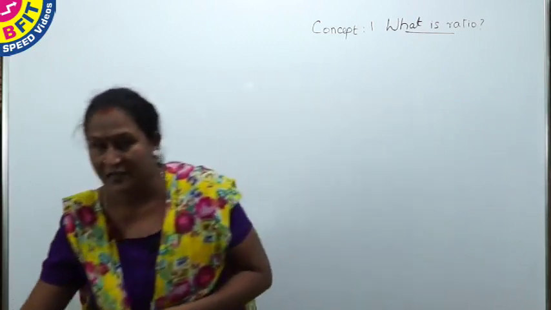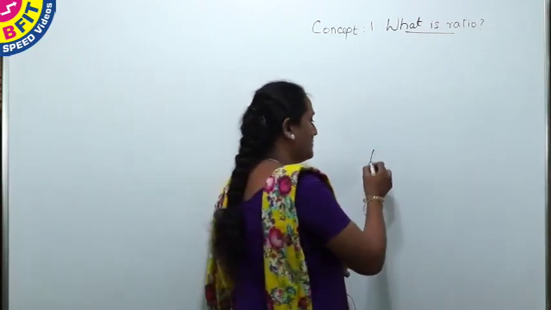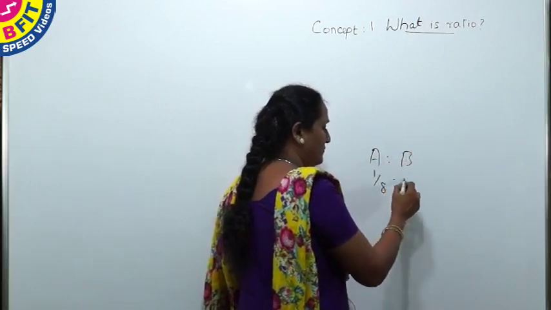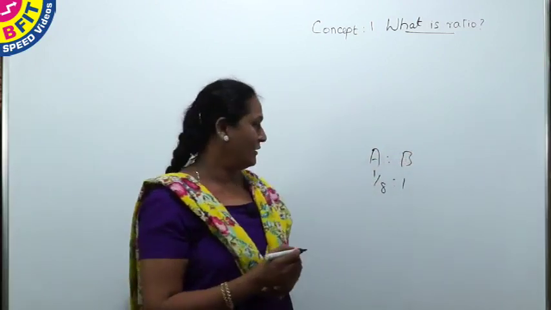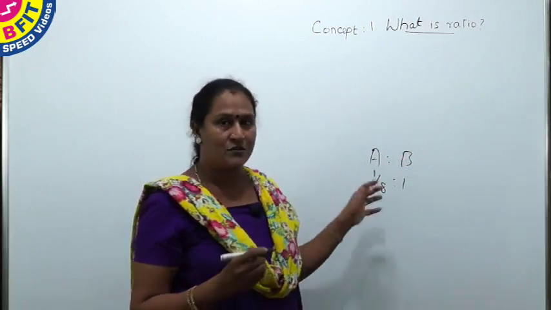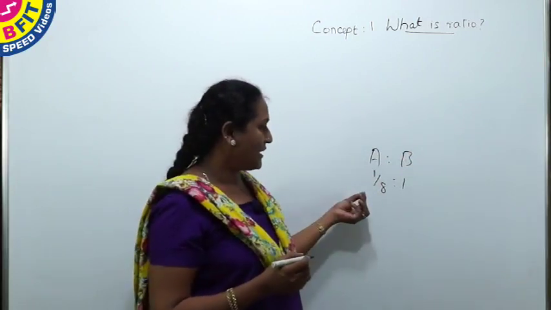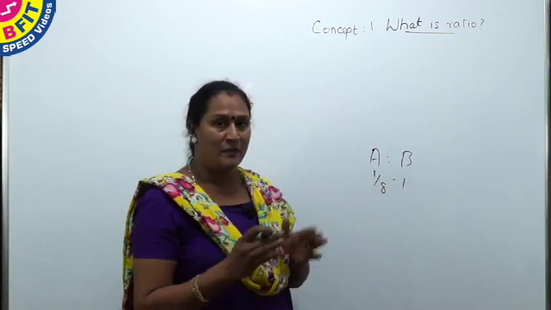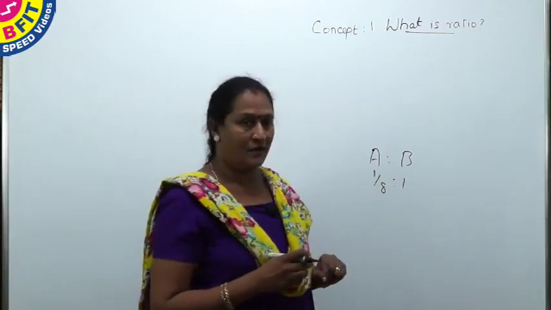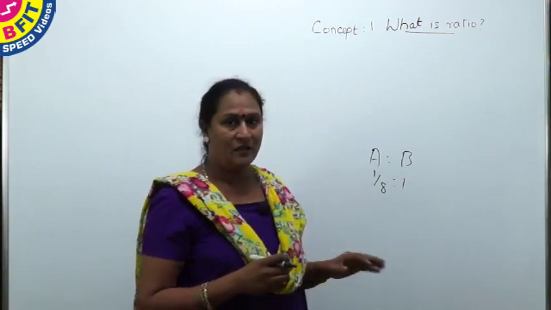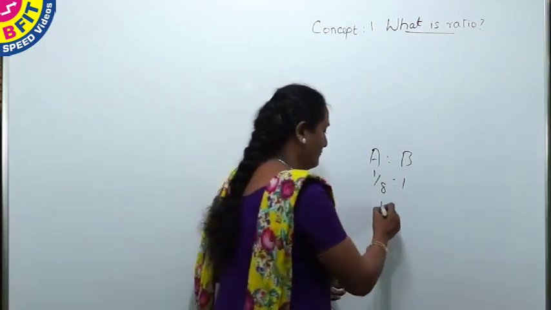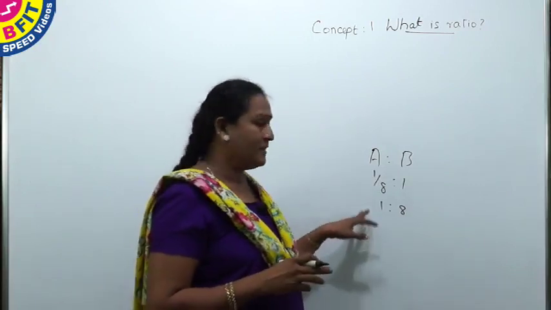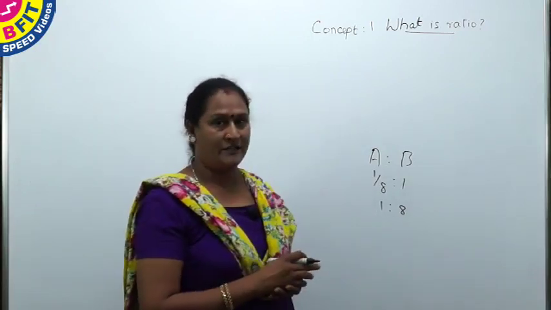And if it is given that A's value is 1 by 8 of B's value, we don't write fractions in ratios either. So A's value is 1 by 8 of B's value, and it is represented as, here B is the base, we write 1, and A is 1/8 of B. This can also be written as 1:8. So we should see that the ratios are in integers.